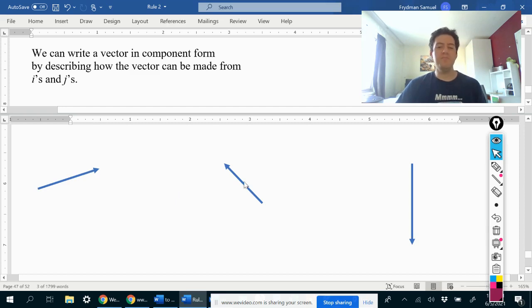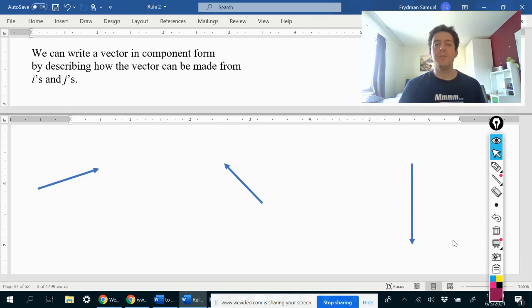This one is also about medium length, pointing up and to the right. This one is longer and it's pointing straight down. We can describe vectors qualitatively like that just by using our words. But if we want a more quantitative description, then we would put them in component form, which just means break them down into i's and j's.